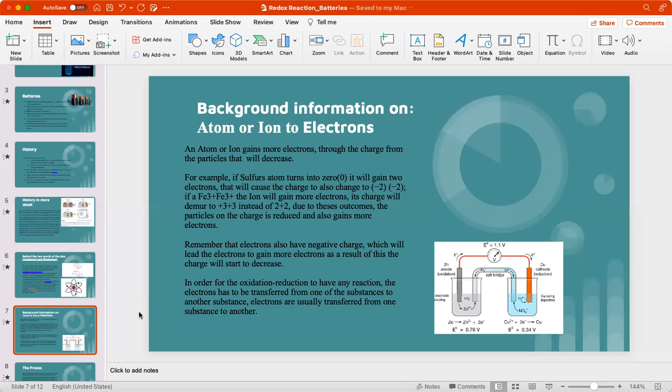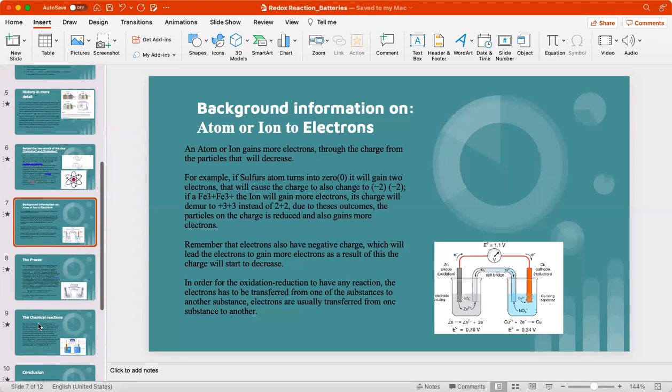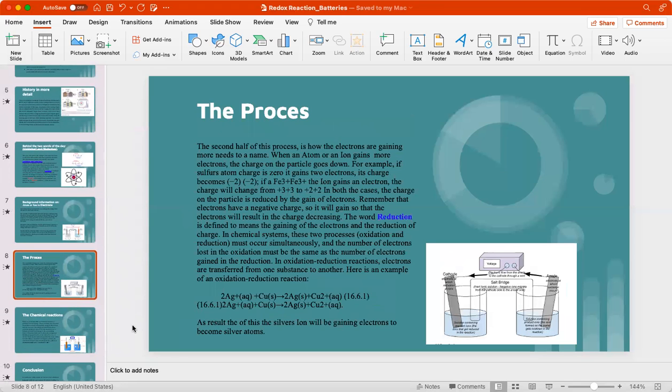In order for oxidation and reduction to react, electrons have to transfer from one substance to another. The second half of the process is gaining electrons. When an atom or ion gains more electrons, the charge of the particle goes down.